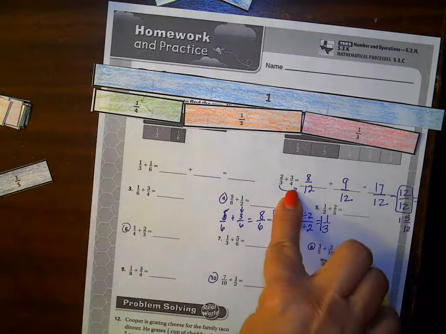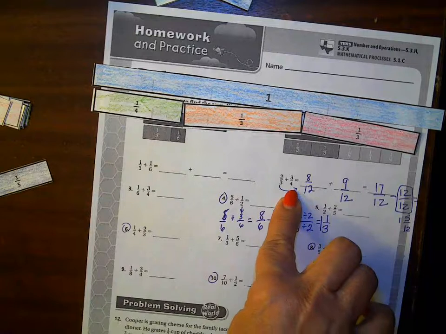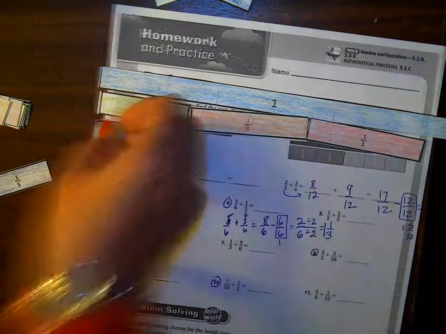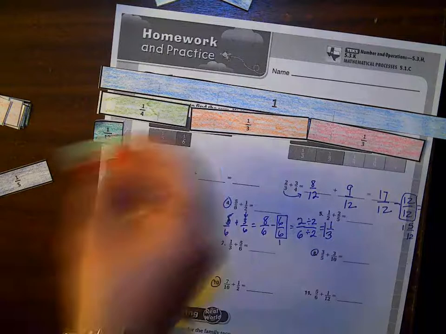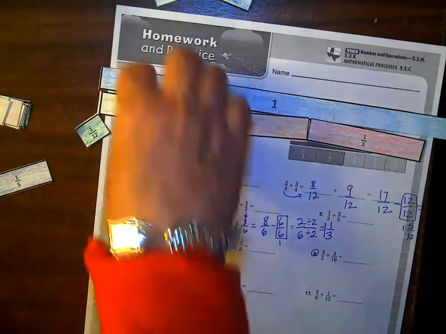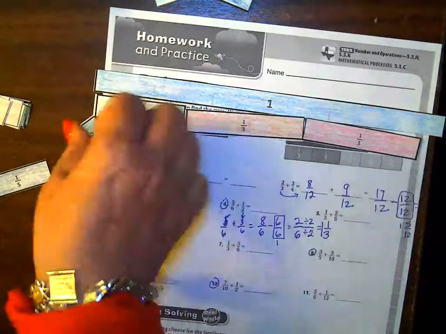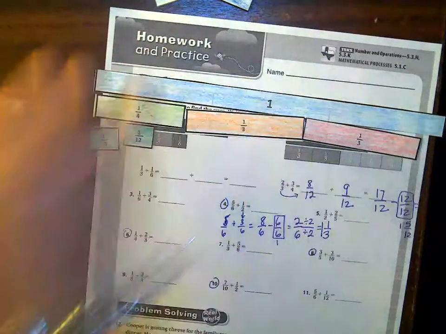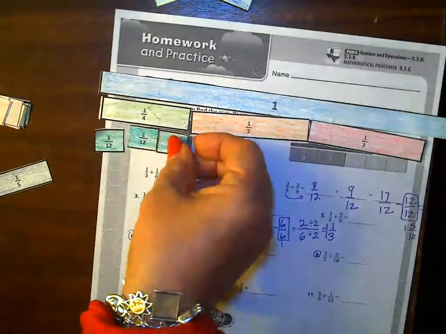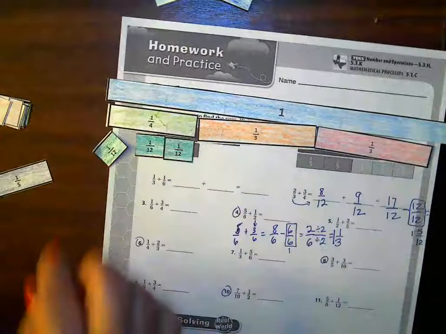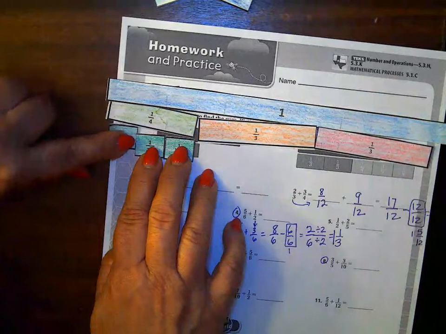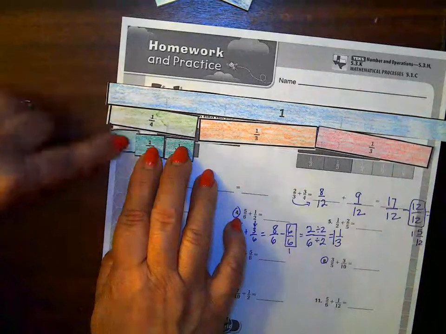Well, looking at here, I already know that there'll be 1, 2, I need tweezers just to hold these. So it's going to be 3 twelfths is equal to 1/4.